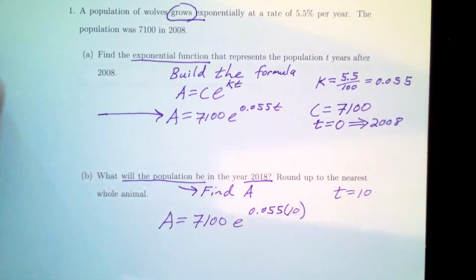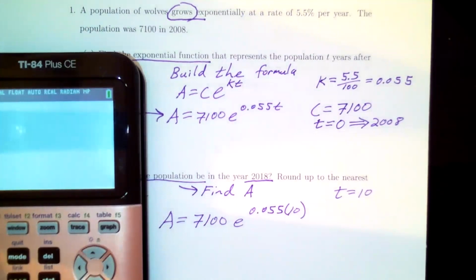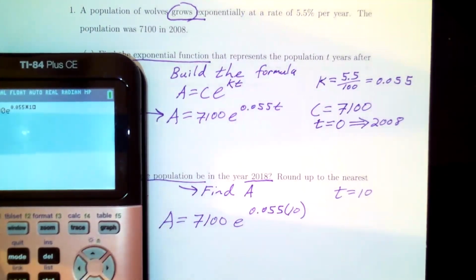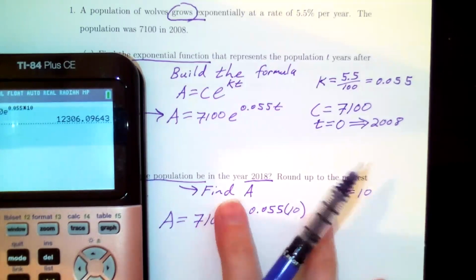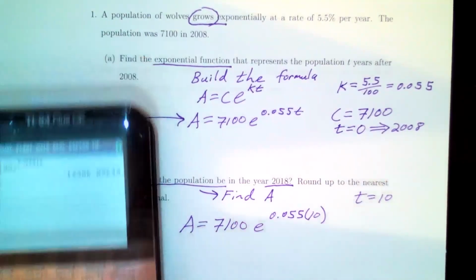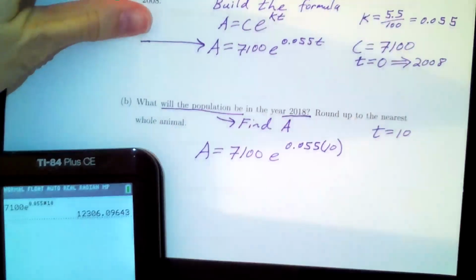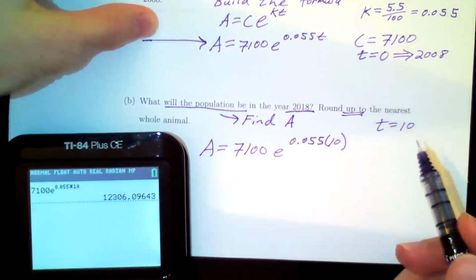So for this, we're going to get out our calculator and punch it out. 7,100 e to the 0.055 times 10. And we get 12,306.09. Now, in these problems, they are going to ask you to round in a particular way. So pay attention to how they ask you to round. This one says round up to the nearest whole animal.